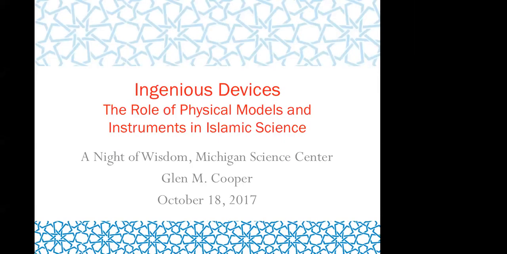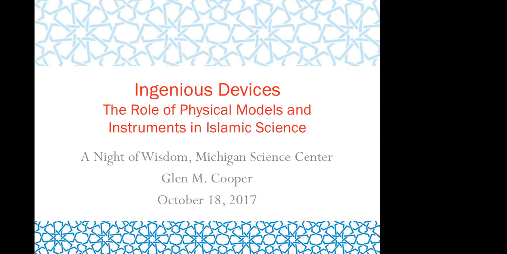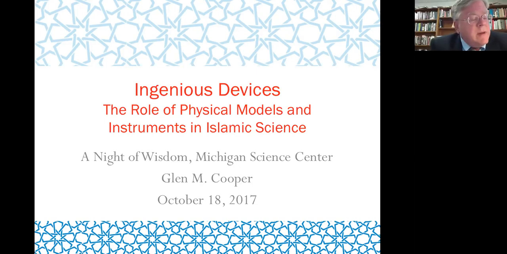Okay, so I'm intrigued by the use of devices, both physical models and conceptual models, as instruments of thought and scientific investigation in Islamic science. And so I'd like to talk about three different episodes, three different devices.